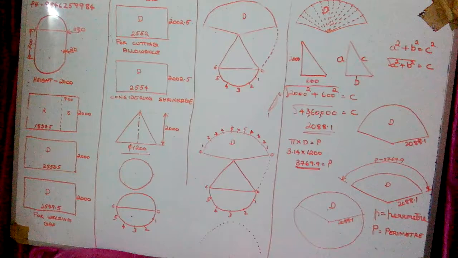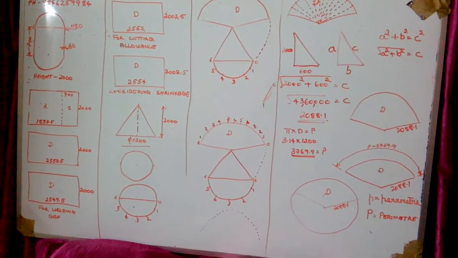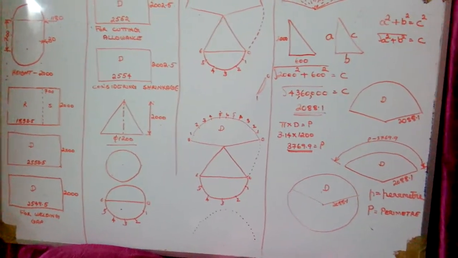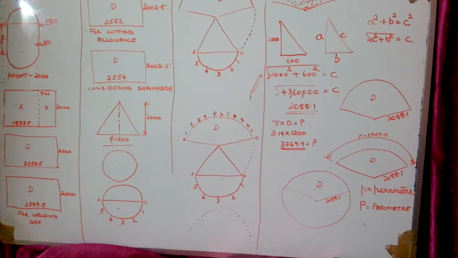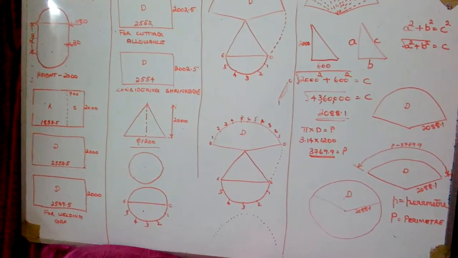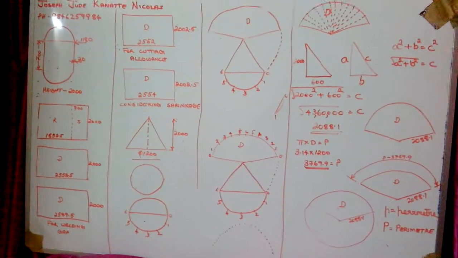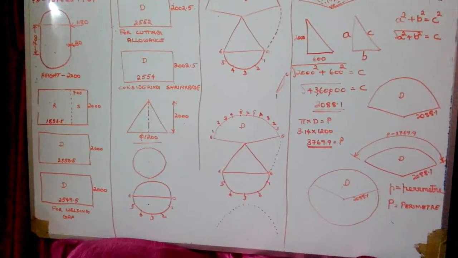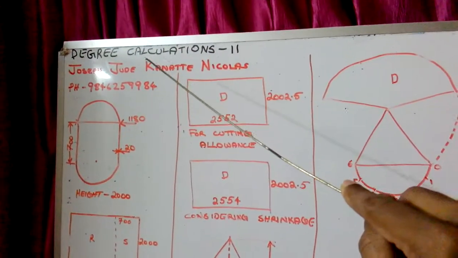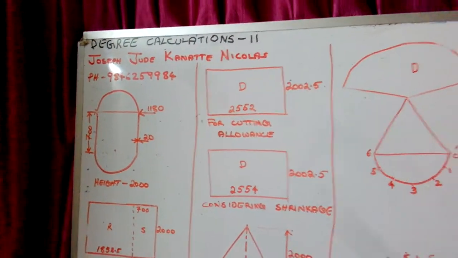Whatever I tell in Fabricated Cons is repeated in Structural Supervisor's Manual. That is also my YouTube channel, but it is in Hindi. Now it is the English version. In this English version, I have named it degree calculations. It is the 11th part of degree calculations.